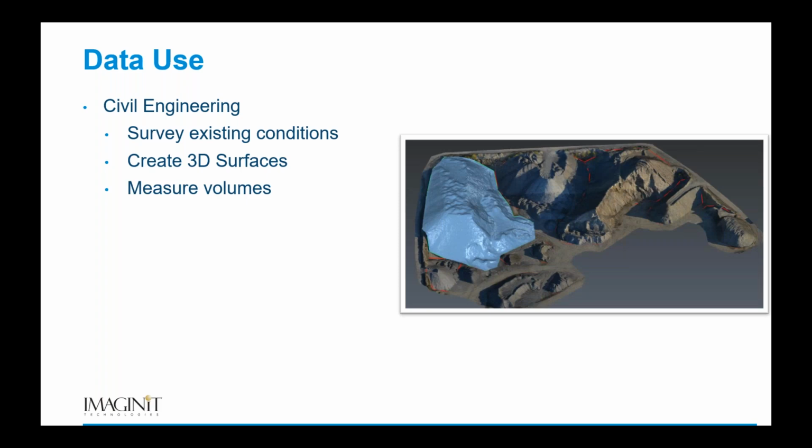What about measuring volumes? Getting data from a dirt pile, a rock pile, a coal pile, whatever it may be, whether it comes from a terrestrial-based scanner or a drone or something like that, we can bring that data in and calculate volumes from these surfaces.